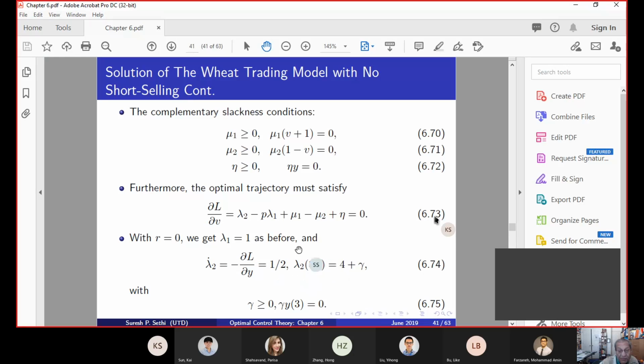And lambda 2 at 3 minus, which you get by applying the chapter 4 maximum principle, is equal to 4 plus gamma. You notice there's a gamma coming in there because of the constraint, and gamma is bigger than or equal to 0, with gamma y3 equal to 0. So this is the condition of the maximum principle that we have.